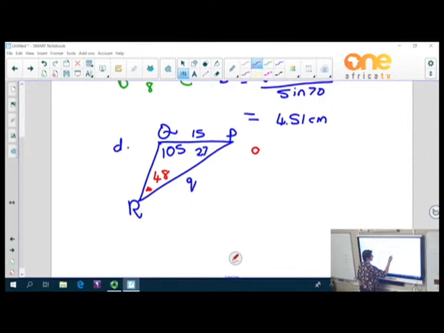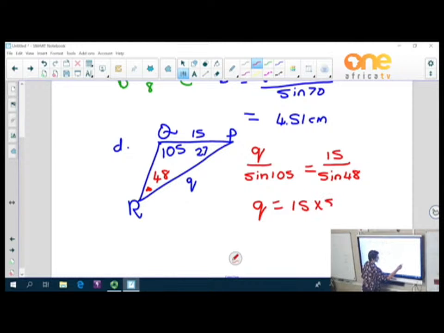So I want to calculate Q. Q is opposite sine 105, equal to, and now I'm taking this one, so it is 15 over sine 48 degrees. Here we do multiplication. 15 times sine 105, divide by sine 48, and the length of Q is then 90.